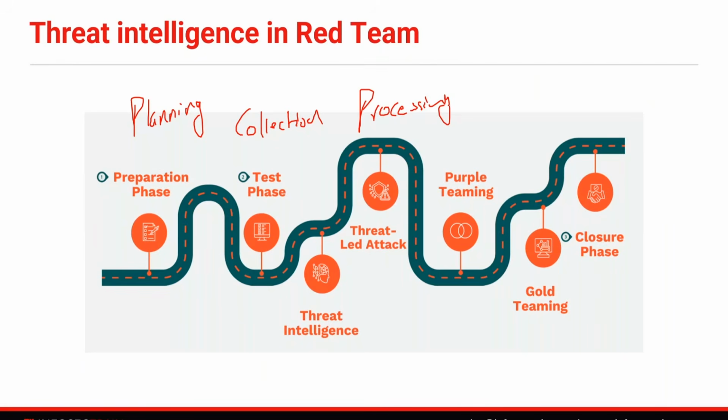Processing means normalizing, filtering, and correlating raw data into a structured format. Then your analysis will happen. Analysis will identify the tactics, techniques, and procedures of the attackers, and the indicators of compromise, like the signatures or patterns of the attack. Once that is done, then dissemination.